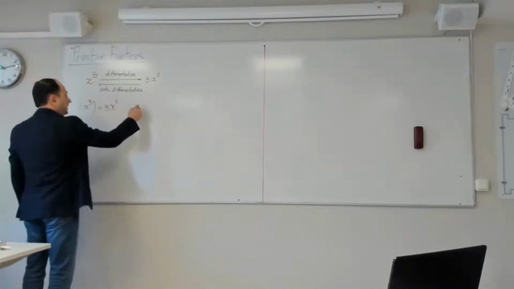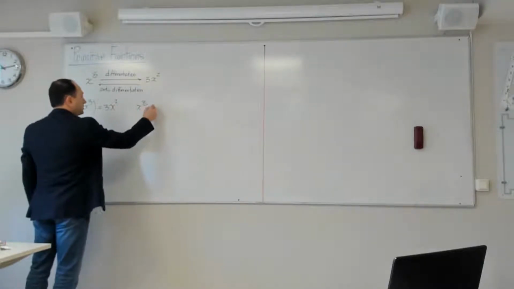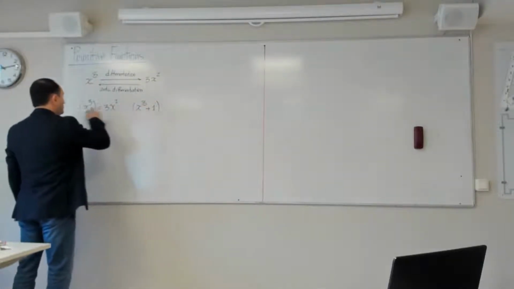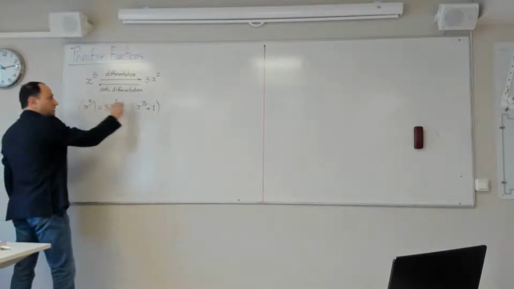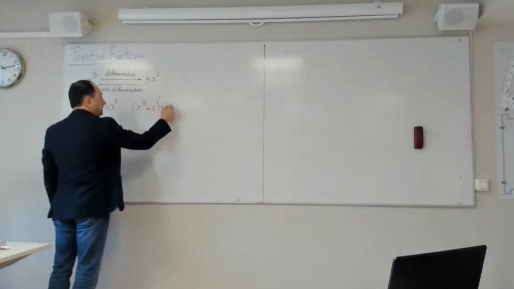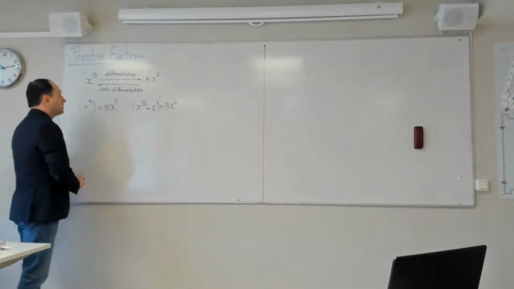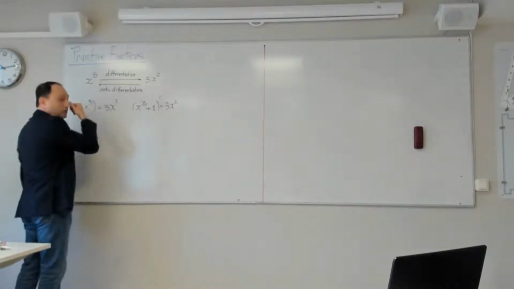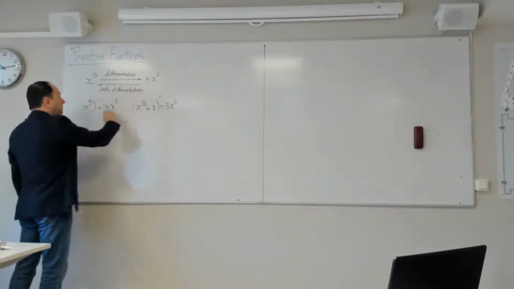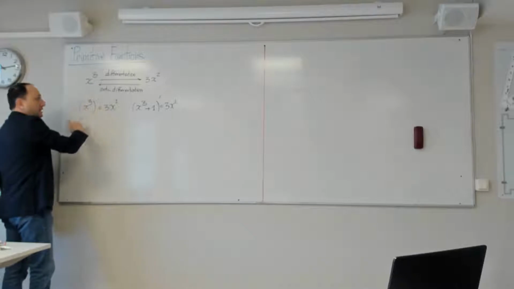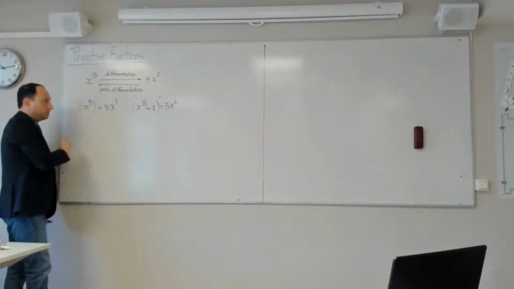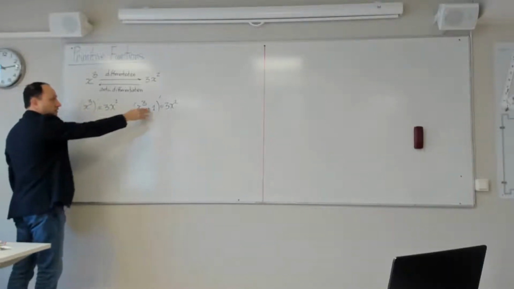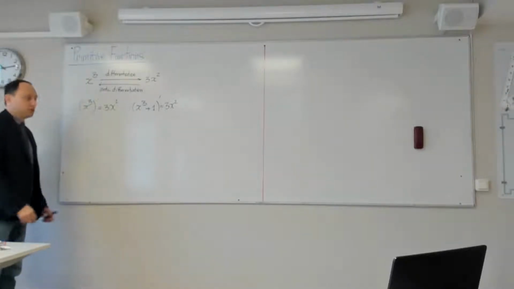But even if I have x to the 3 plus a constant 1, this is of course a different function, but its derivative is still 3x squared. So I can ask about the derivative, but I should ask about a primitive function in general, because there are different functions with that property.